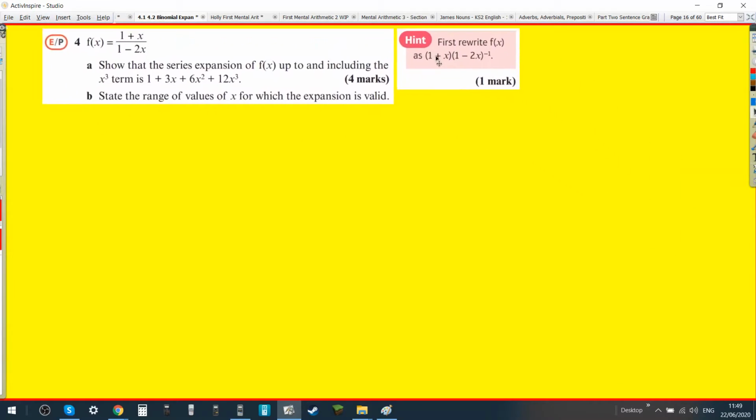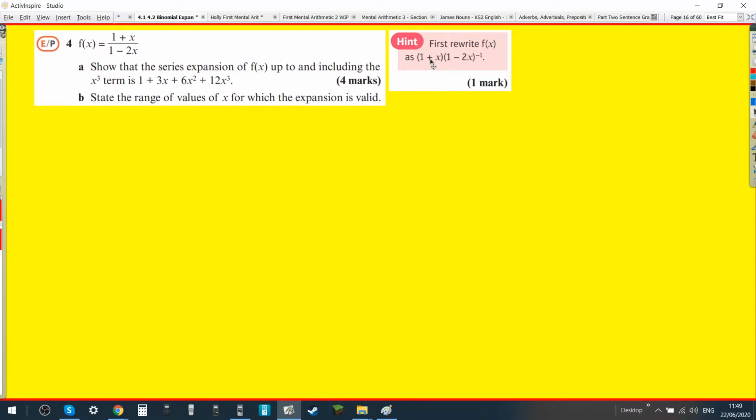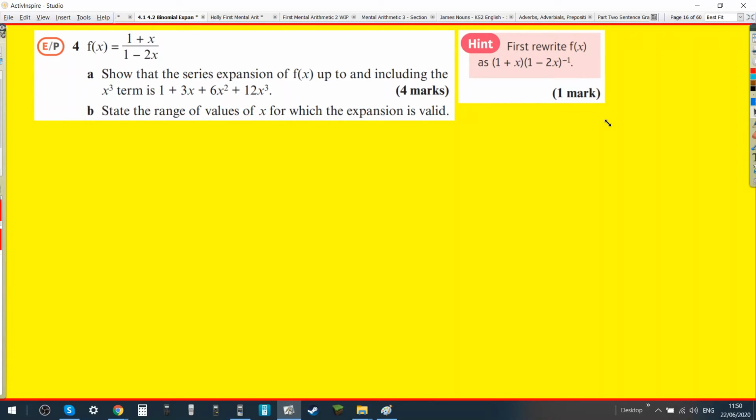Do I first find this thing up to and including the x cubed? Another way of writing this is 1 plus x, 1 minus 2x to the minus 1.